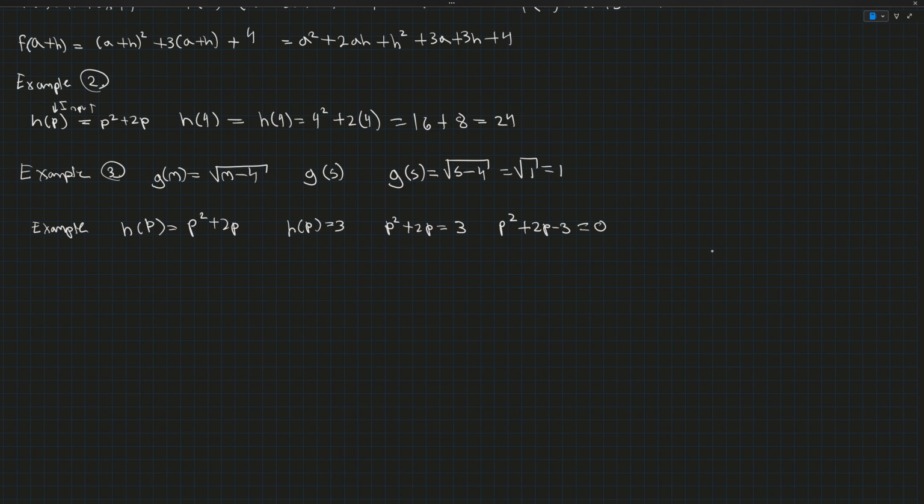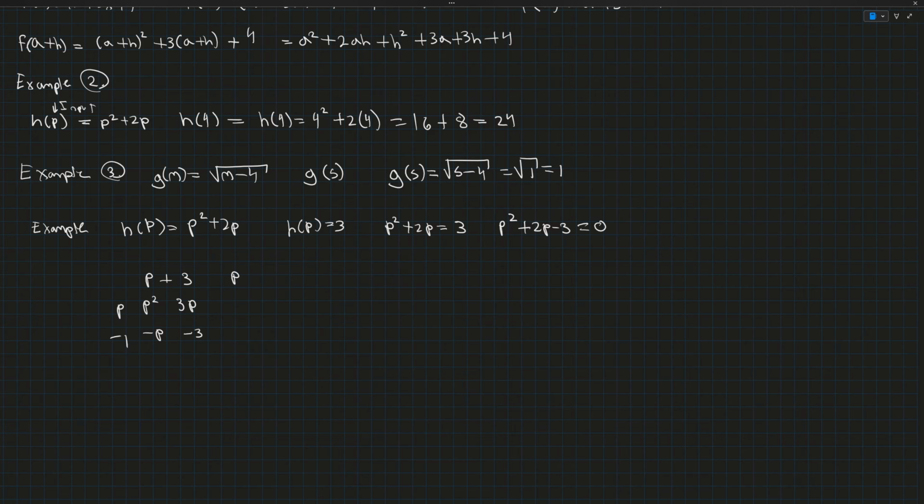And of course we could solve this by factoring it out. So we want some values that multiply to negative 3, so ideally we could do plus 3 and negative 1.